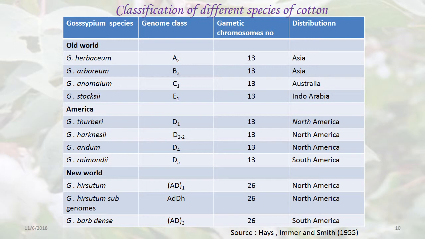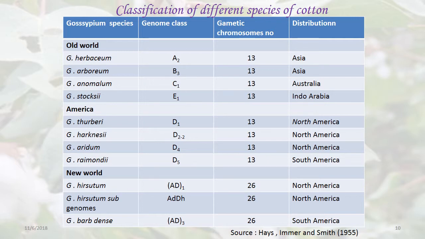Classification of different species of cotton. Old World cottons are herbaceum and arboreum, which belong to Asiatic distribution, then anomalum and stocksii. These have genomic groups A1, A2, B, C1 and E1 with basic chromosome number 13, and anomalum is from Australia. It is distributed in Australia, and stocksii in Indo-Arabia.